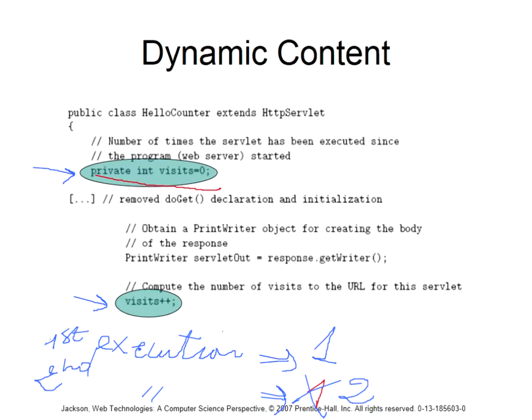For the second execution, I want to execute hello counter another time. We have private int visits equals 0, so visits equals 0. After that, visits plus plus. Normally in the second execution, I will obtain also 1, but really I will obtain 2, not 1.